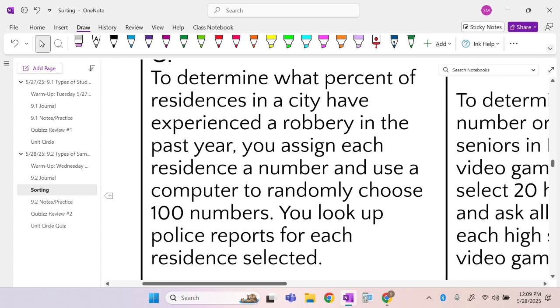So, to determine what percent of residents in a city have experienced a robbery in the past year, you assign each resident a number and use a computer to randomly choose 100 numbers. You look up police reports for each resident selected. What type of sample is that?